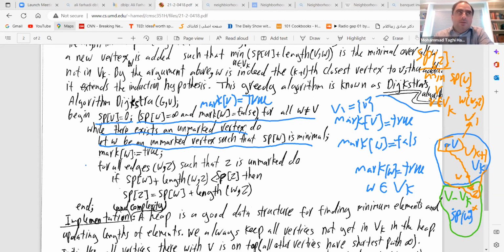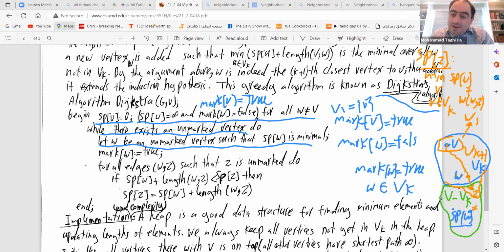And this SP of W is currently the one that, say, assuming the shortest path that goes through V_K, what is the best estimate that we have for these vertices? So among them, the vertex that has the minimum is the one that we will add to set V_K. So this W, we will find it, we will add it here.